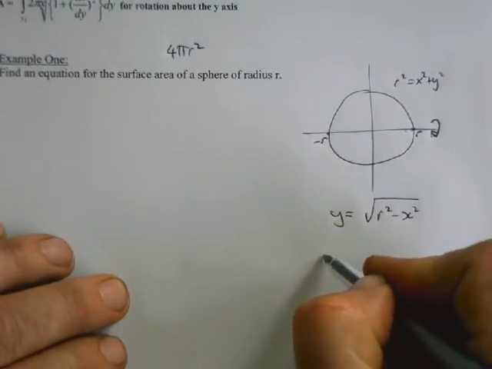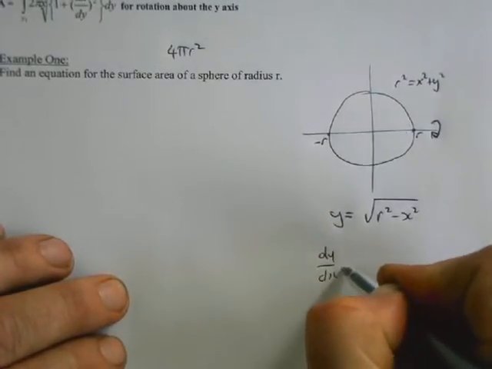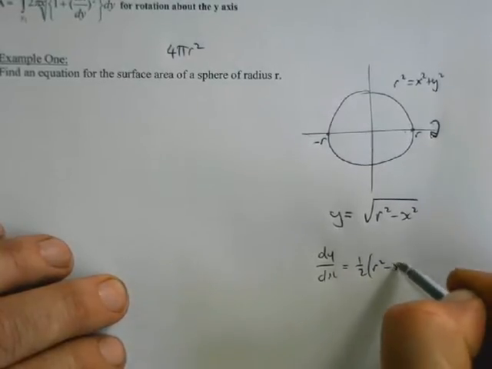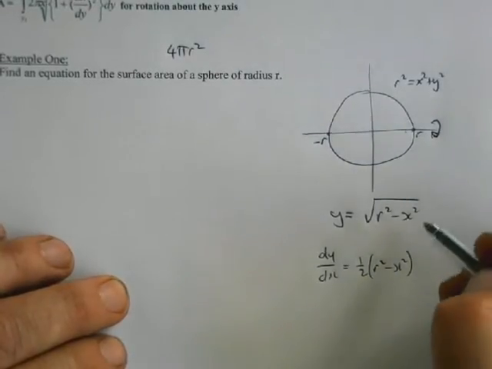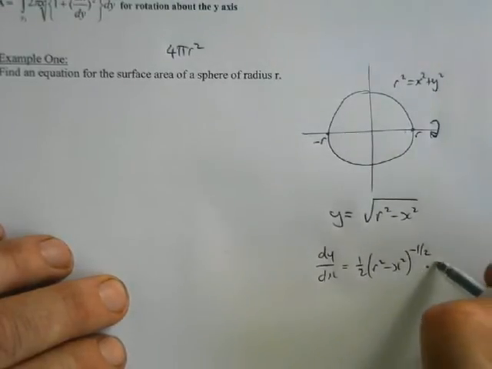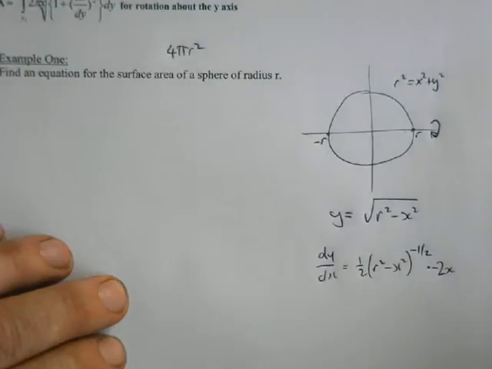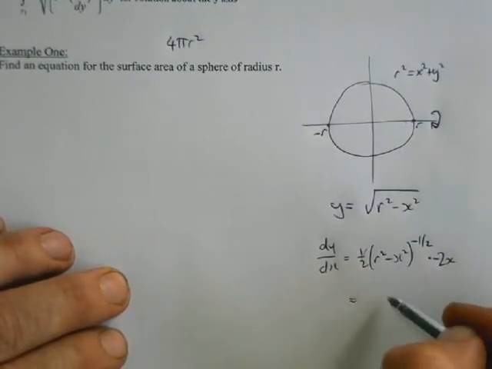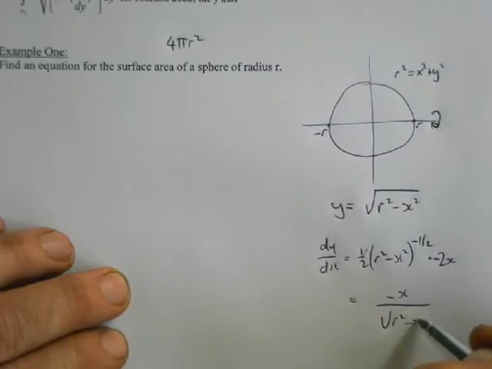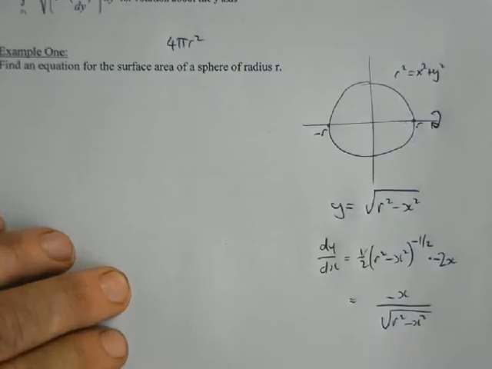So dy by dx, that's effectively a half power, so I get a half times r squared minus x squared to the negative a half, times the chain rule, the derivative of the inside bit, negative 2x. So the half and the 2 can go out, and I'm left with negative x over the square root of r squared minus x squared. Okay, so I now have expressions for both y and dy by dx.